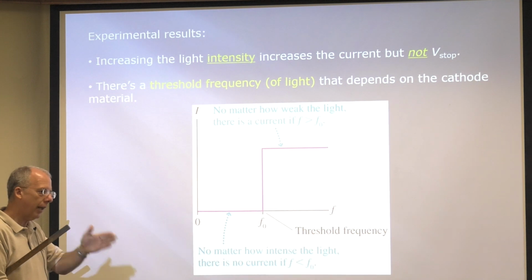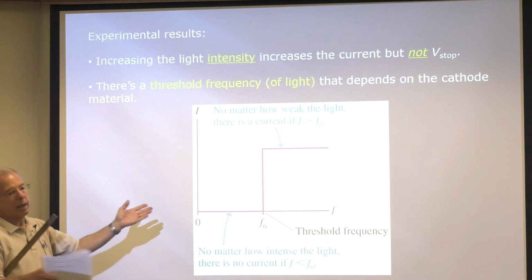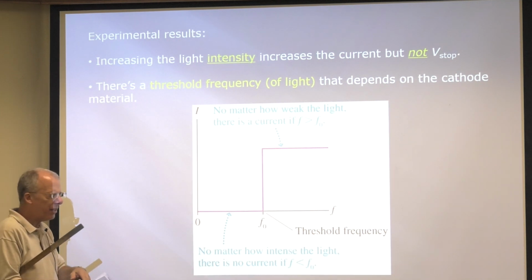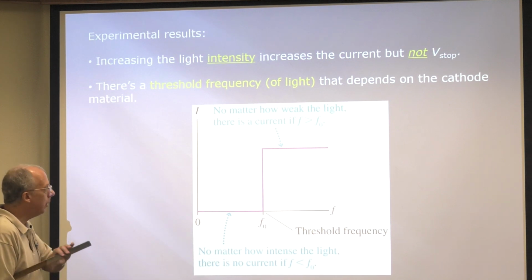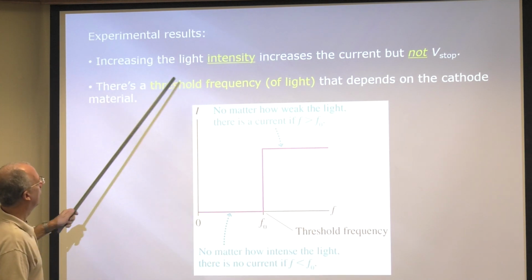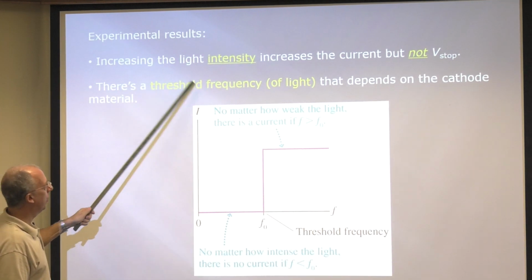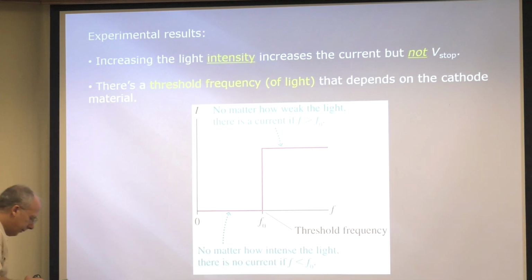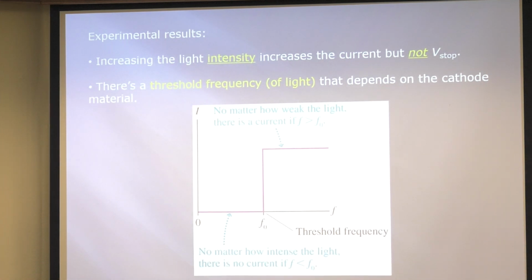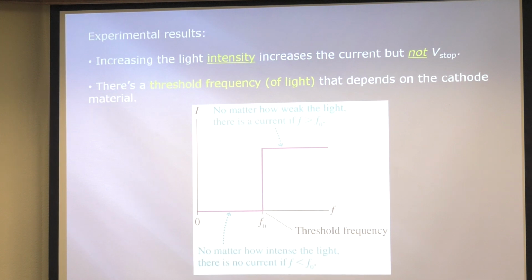If the frequency of the light is greater than the threshold, electrons. The intensity is irrelevant. Everything depends on the frequency. That's what they mean by threshold frequency. Okay, does that agree with or disagree with classical? Completely disagrees, right? Classical physics had nothing to do with frequency of light.